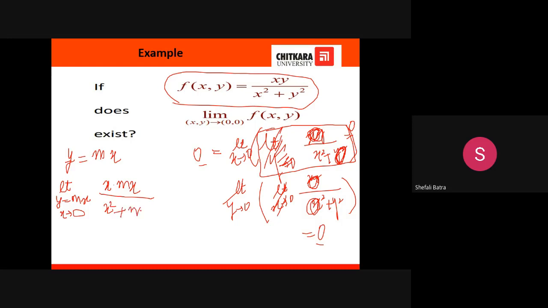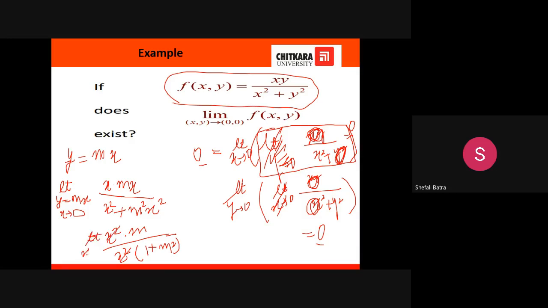It means m square into x square. Right? So now x square into m upon x square into 1 plus m square, right? And this would cancel out.